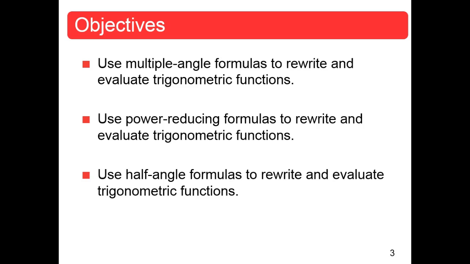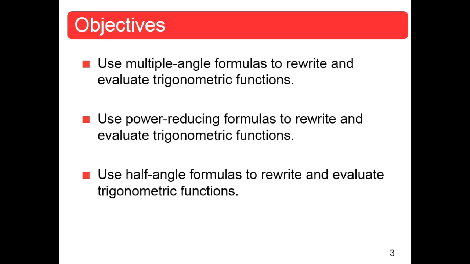So the objectives of this section: use multiple angle formulas to rewrite and evaluate trigonometric functions, similar to what we did in 5.4. We'll use power-reducing formulas to rewrite and evaluate trigonometric functions. And we'll use half-angle formulas to rewrite and evaluate trigonometric functions.